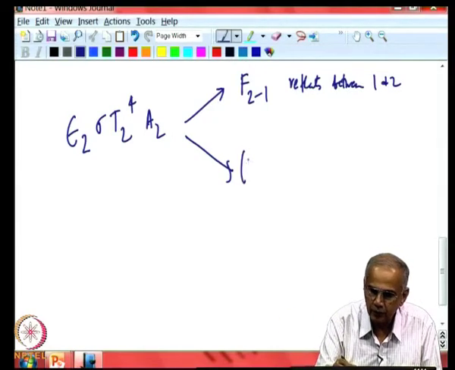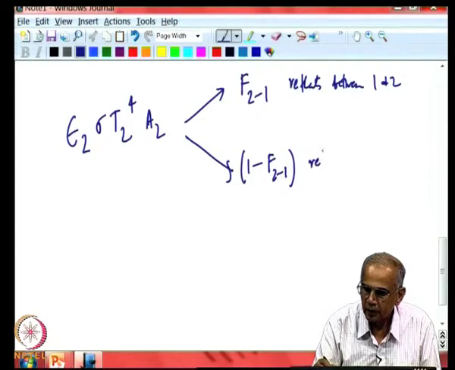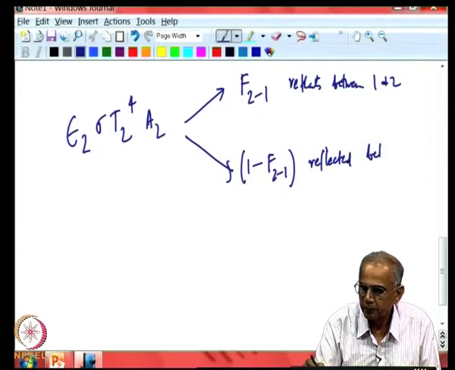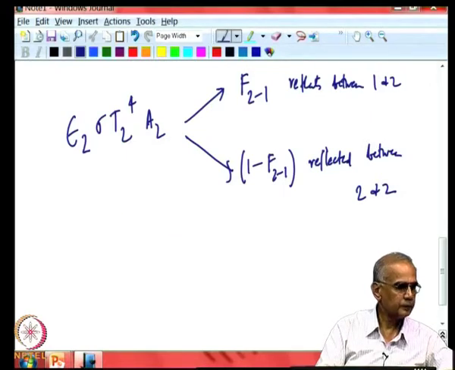The other fraction, 1 minus F21, is only reflected between 2 and 2. Let us go back to the picture to make sure that we understood it.